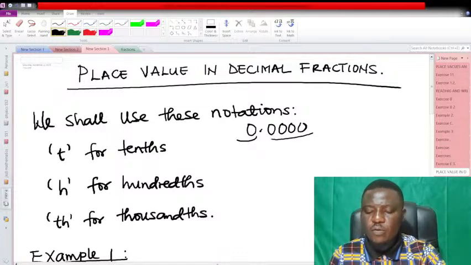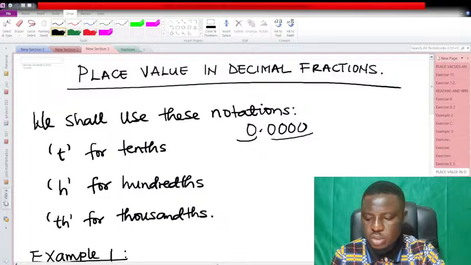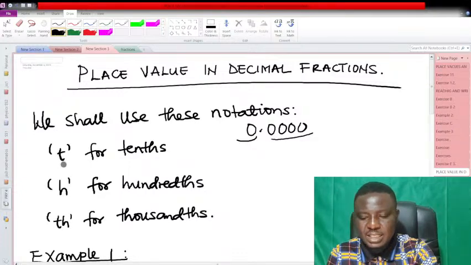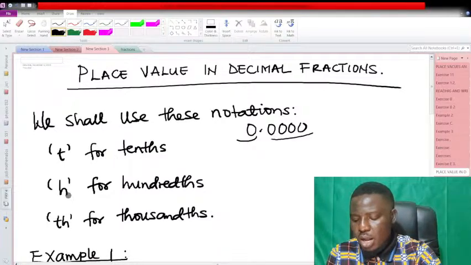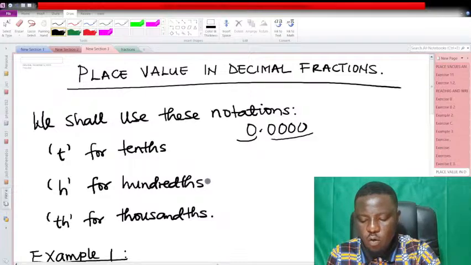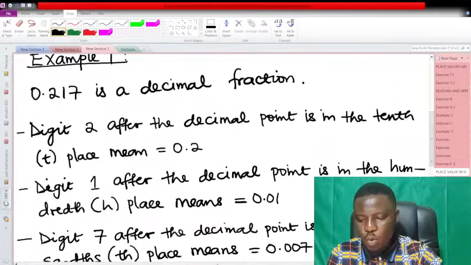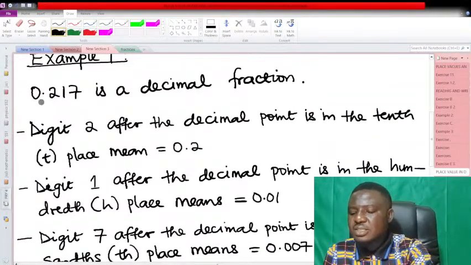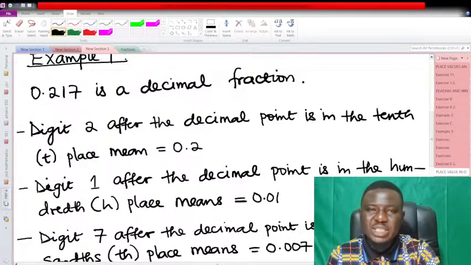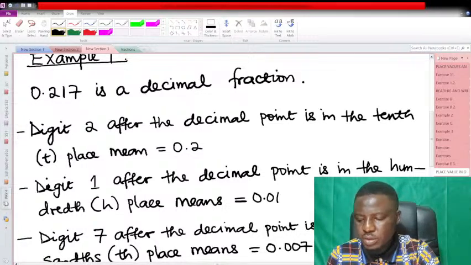Now, in order for us to understand the place values in decimal fractions, we shall use these notations. Small letter t stands for tenths, h stands for hundredths, and th stands for thousandths. Example 1, we have 0.217, which is a decimal fraction.